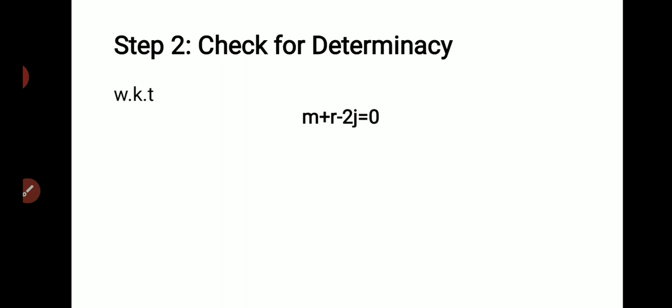Checking the determinacy is a very important step before analyzing the truss, so that we can check whether the truss is determinate or indeterminate. Here m is the number of members, r is the number of support reactions, and j is the number of joints given.